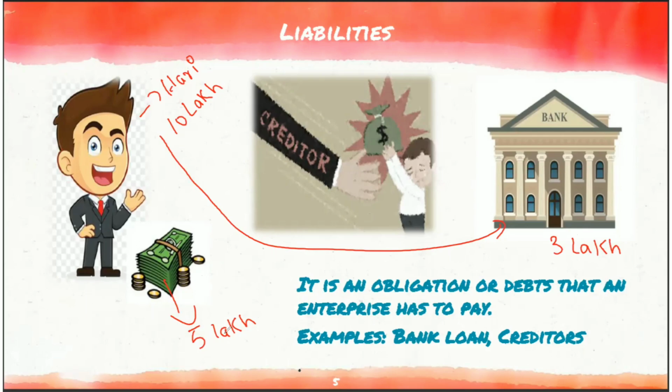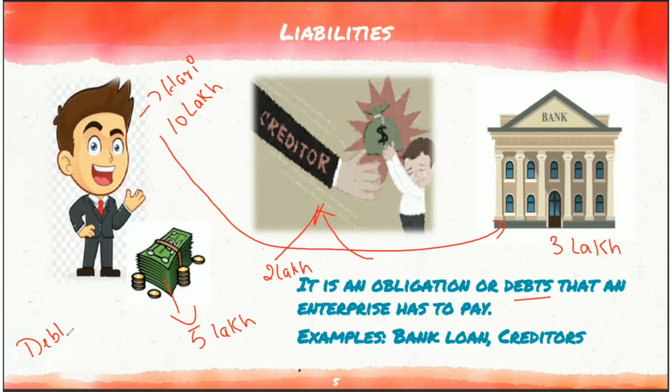Okay, now he still needs 5 lakh to start his business, but he has borrowed 3 lakh from the bank, and the remaining 2 lakh he borrowed from his friend. In accountancy, whenever an owner borrows money, that borrowed money we call a debt.